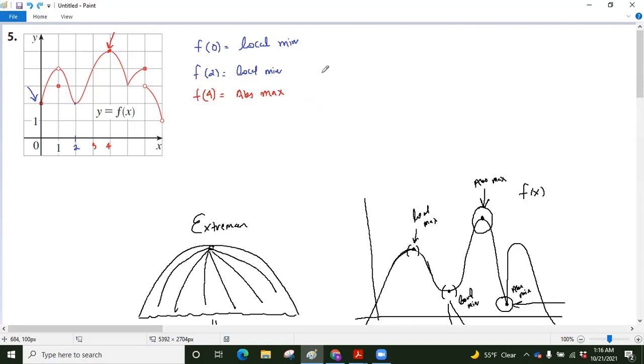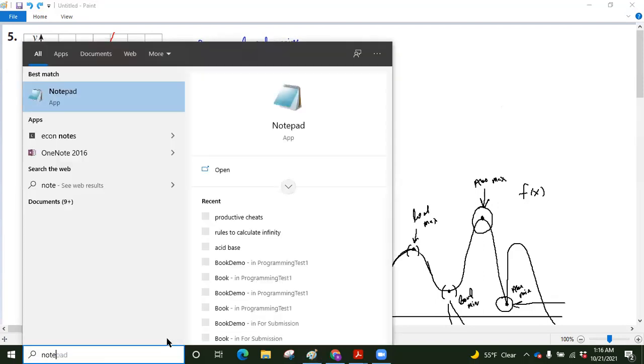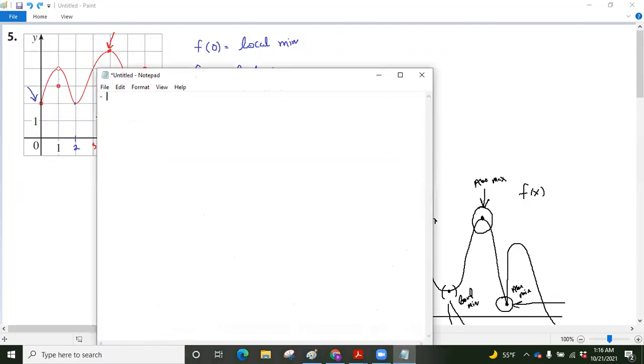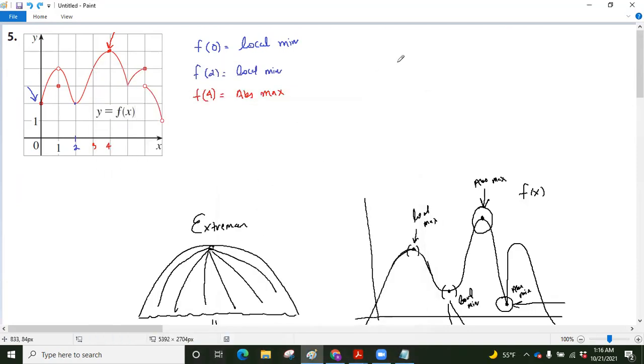But what I want to introduce, and maybe I'll go ahead and write this here, is that all absolute extrema are also local. What I mean by that is, if I have this point here, it is the largest point, or the highest point, throughout the entire graph.